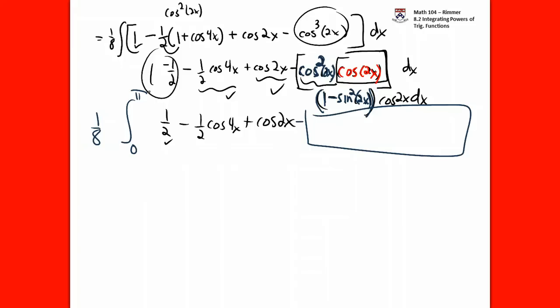Okay, let's handle this part that's supposed to be the easier part. These parts that you like, maybe you don't know, but you do. What is the antiderivative of a half? 1/2 x. See why you like it? What is the antiderivative? Uh-oh, be careful. Cosine of 4x. Keep the minus half out there. What is the antiderivative of cosine of 4x? What function has cosine 4x as its derivative?